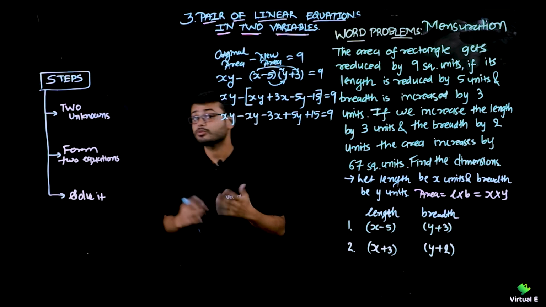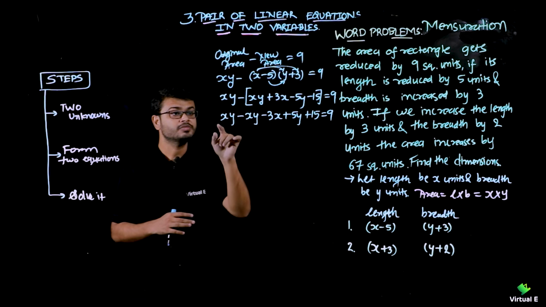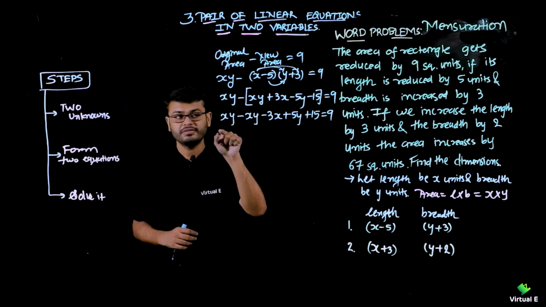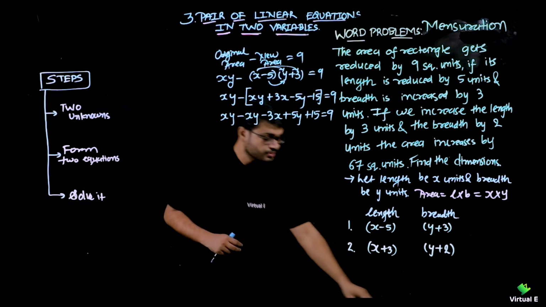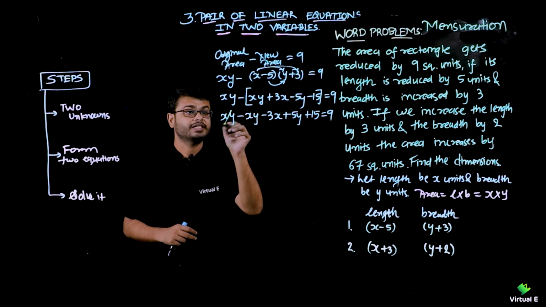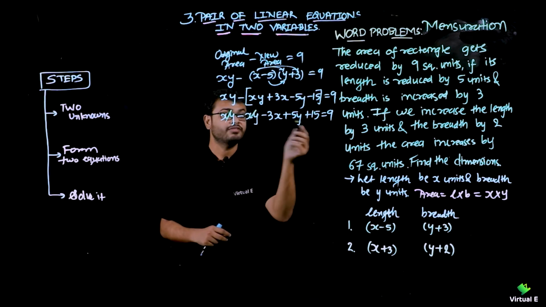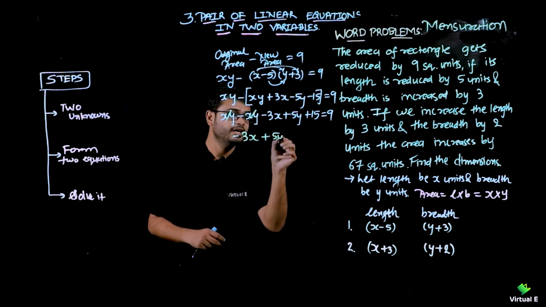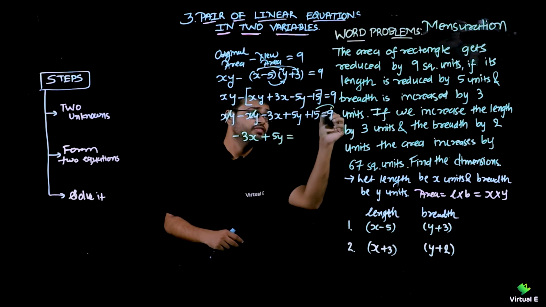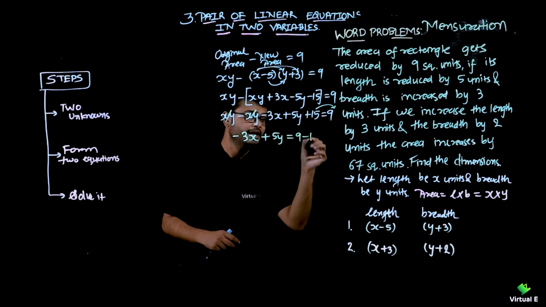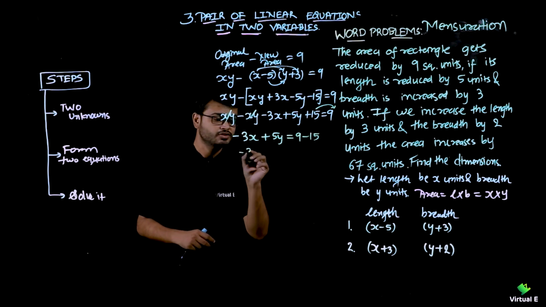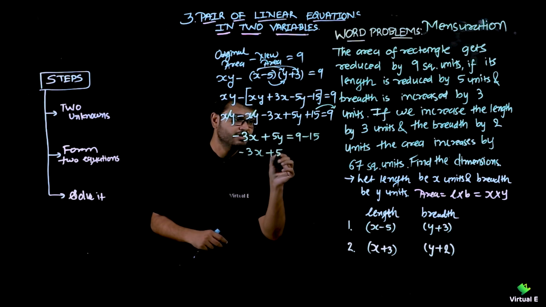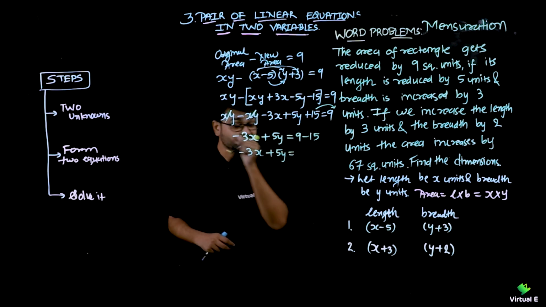But if you see here at this point, this xy is positive and this is negative, right? So xy gets cancelled out. So what's left only? Minus 3x and plus 5y is equal to, let me shift this 15 over here, so 9 minus 15. So minus 3x plus 5y is equal to 9 minus 15, what?